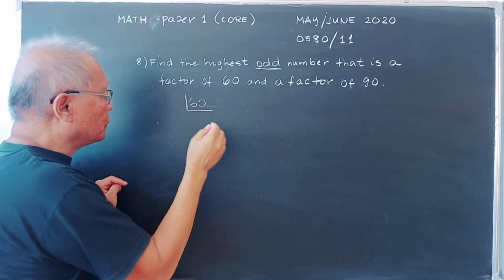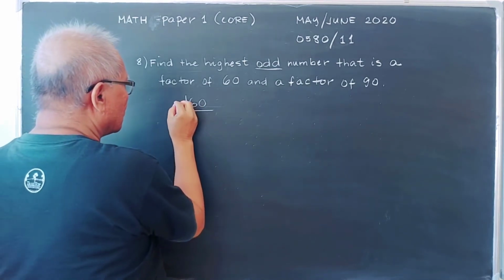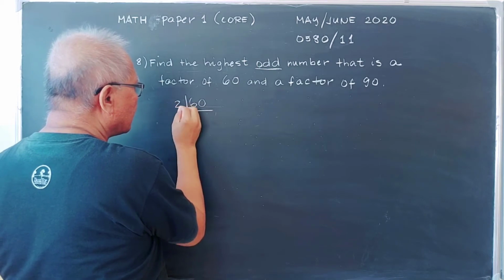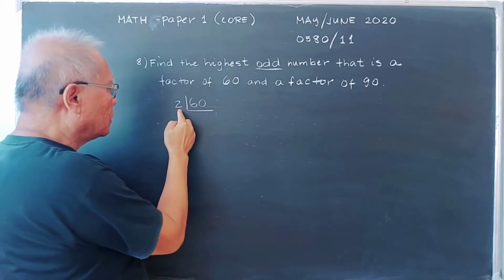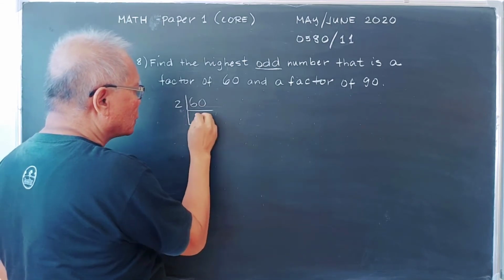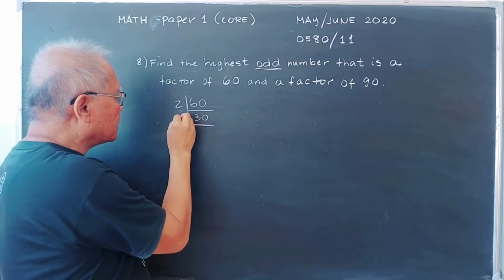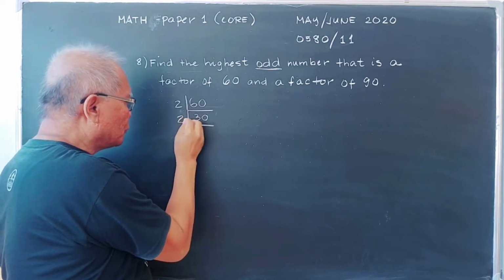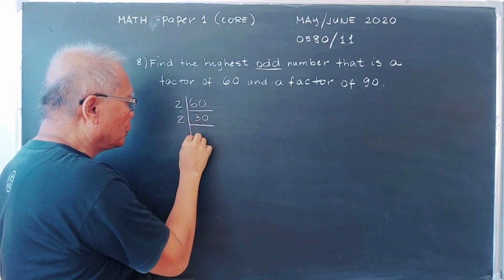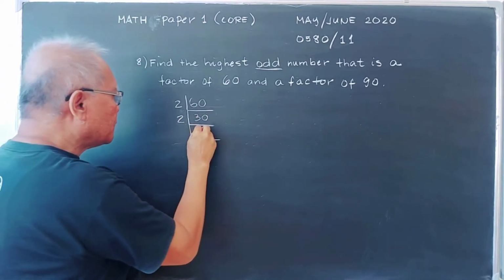So let's start with 2 because we know that 60 is divisible by 2. When we divide this by 2, we write our 2 here. It's a prime factor. So 60 divided by 2 is 30. Now 30 is still divisible by 2, so 30 divided by 2 is 15.